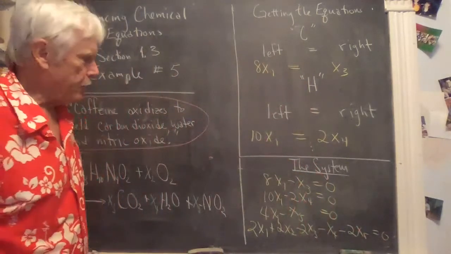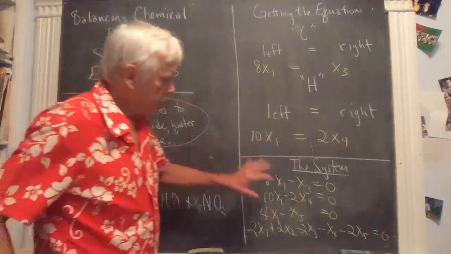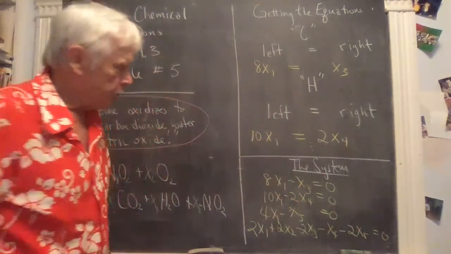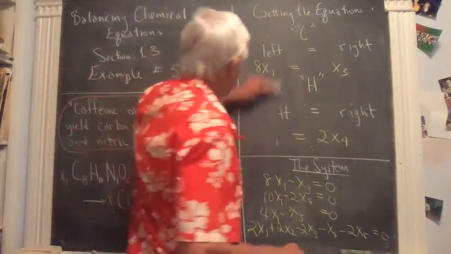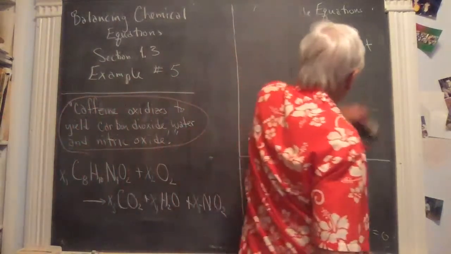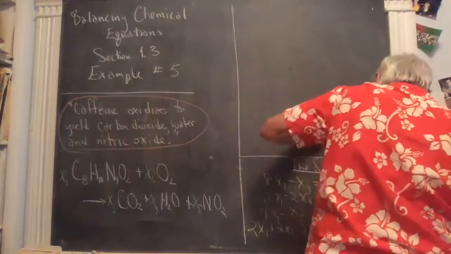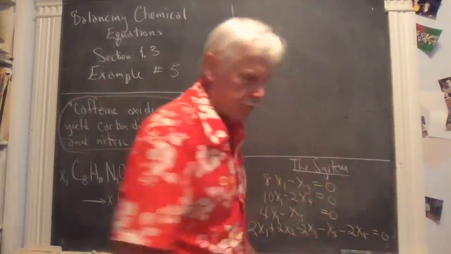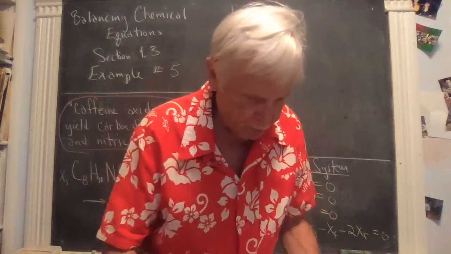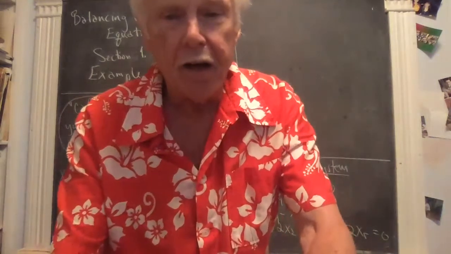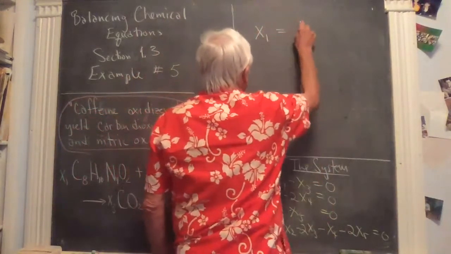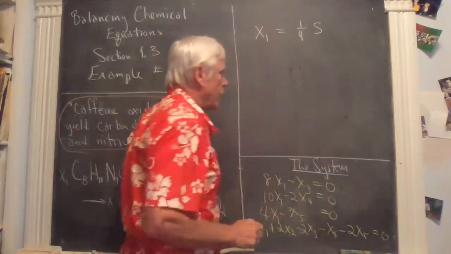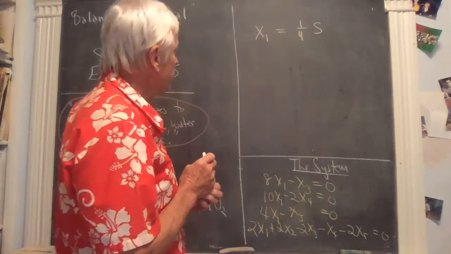This will give you an augmented coefficient matrix. Type it into Mathematica, row reduce it, and you will get the solution. There's one thing here to pay attention to that has to do with the problem, not so much with the mathematics. When you solve this, you will find, for example, that x1 ends up to be 1/4 s. s is a free variable in this case.